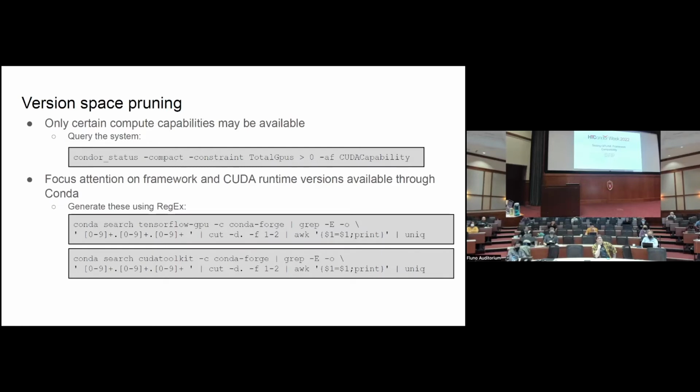Second, we're assuming again that researchers are using tools like Conda to install all their software. So we really only need to look at the versions of these things that are available through Conda. For example, I think TensorFlow 2.4 is available and TensorFlow 2.6 is available, but they skipped 2.5 for some reason. So we don't test things like 2.5 if we can't install them easily.